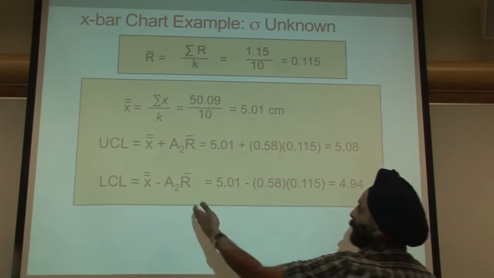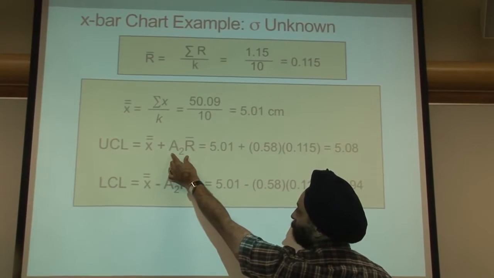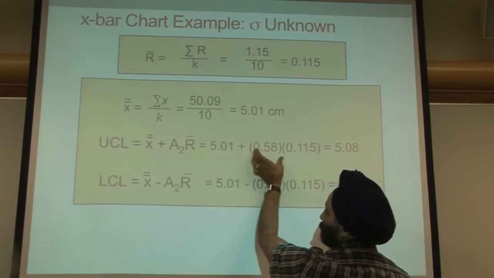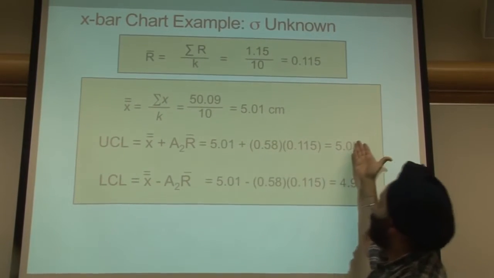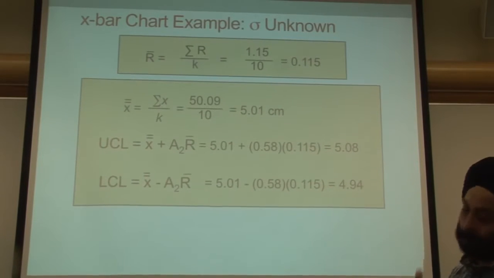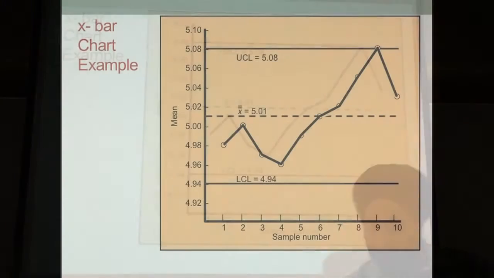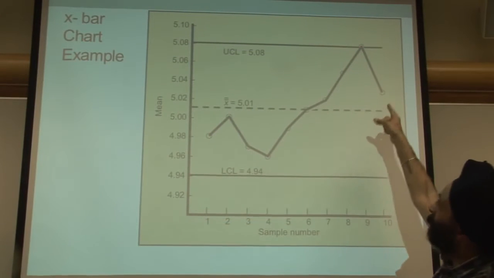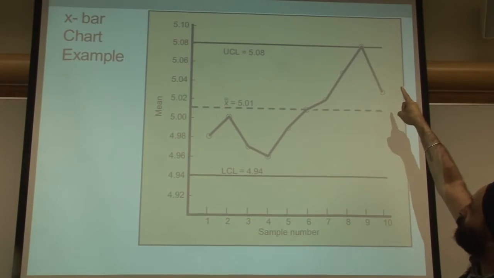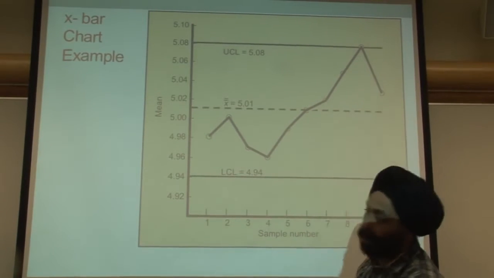Once you have these, take the A2 factor from the table, which is 0.577, rounded here to 0.58. Plug that in and you get the values 5.08 and 4.94. Using those, you can easily plot the X bar chart to see if things are out of control or not, and you can see one of the values is in fact out of control, plus this is not a random pattern.